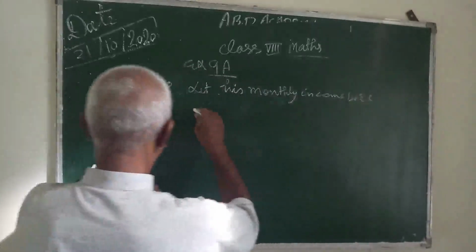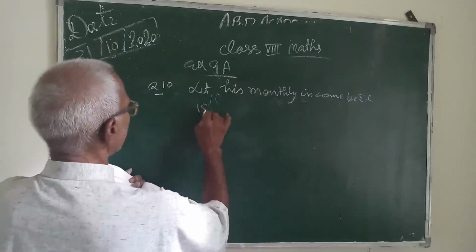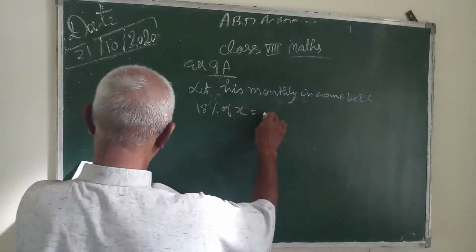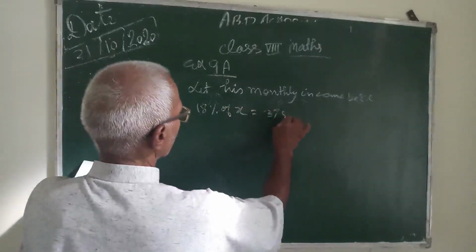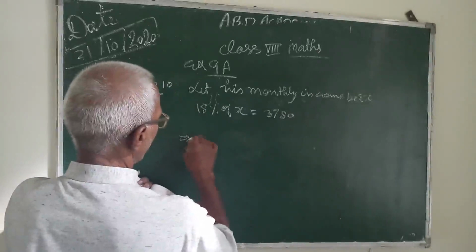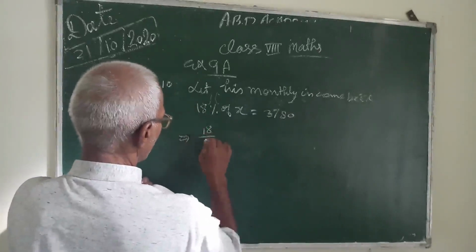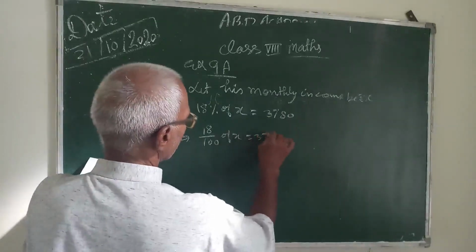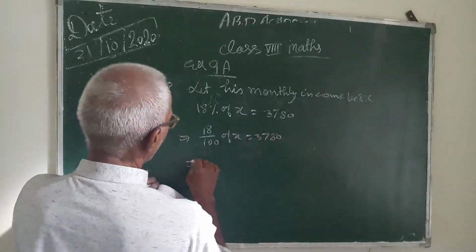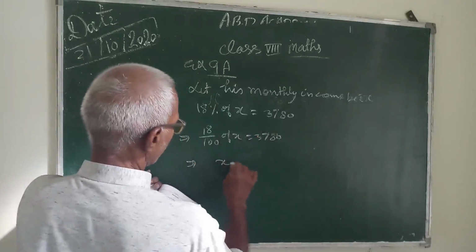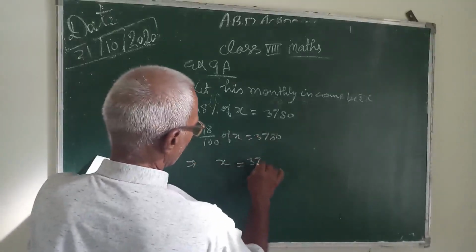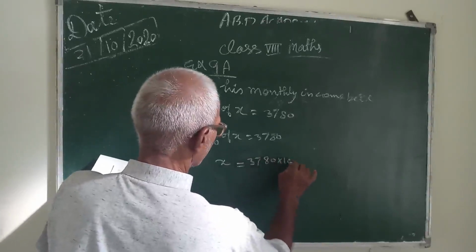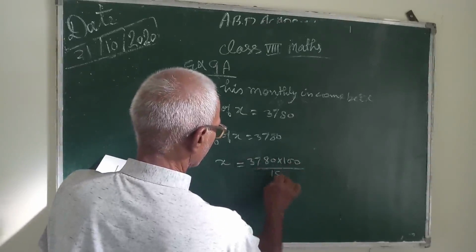Therefore 18% of x is his saving, and that is given as 3780, which implies 18 into 1 upon 100 of x is 3780. As in the previous sum, therefore x will be 3780 into 100 upon 18.